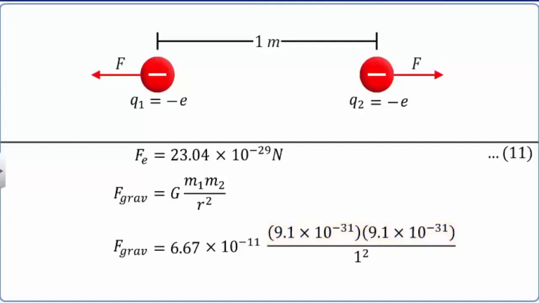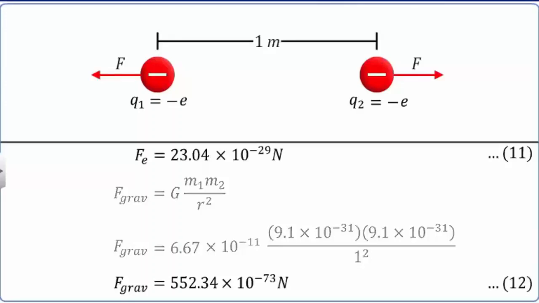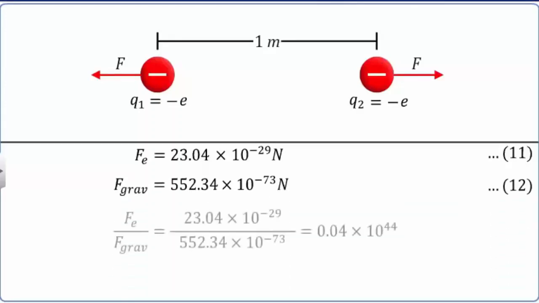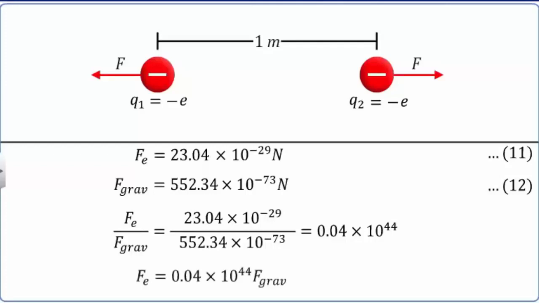Substituting the values of the various parameters, we have the gravitational force between them equal to 552.34 into 10 power minus 73 newton. Let this be equation 12. Dividing equation 11 by equation 12, we have the ratio between electrostatic and gravitational forces, and we can see that the electrostatic force is enormously greater than the gravitational force.